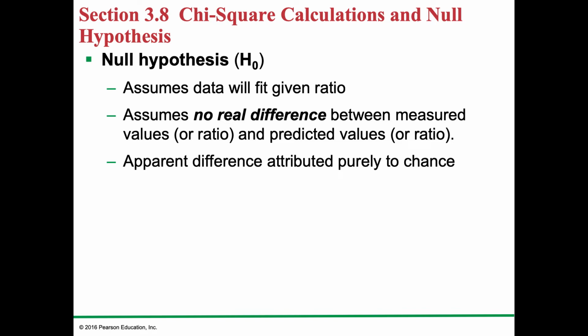And your null hypothesis is basically that your data will behave. If you cross peas, you will get that 3-to-1 ratio for a monohybrid cross, or that 9-3-3-1 ratio. And if you have a slight deviation from that ratio, it's probably just because of chance.